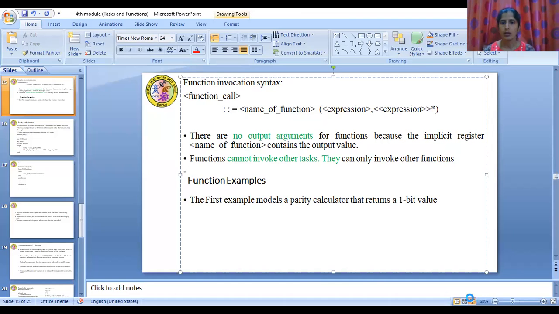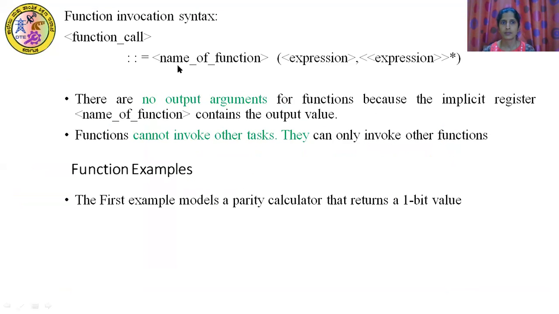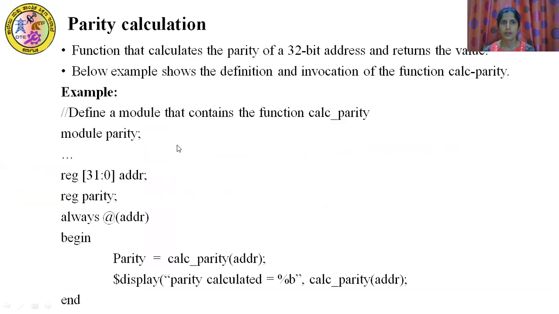Let's see the example. So here, the function calculates the parity of a 32-bit address and returns the value. So here we have the example of declaration and invocation of the function.